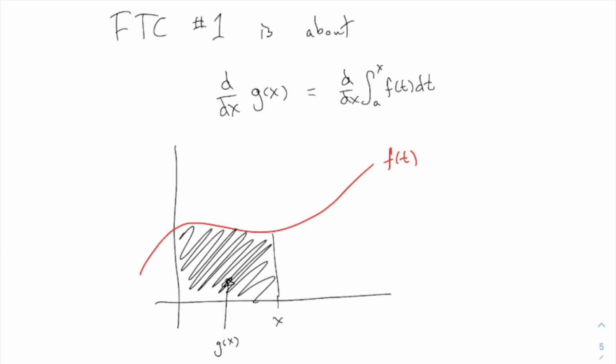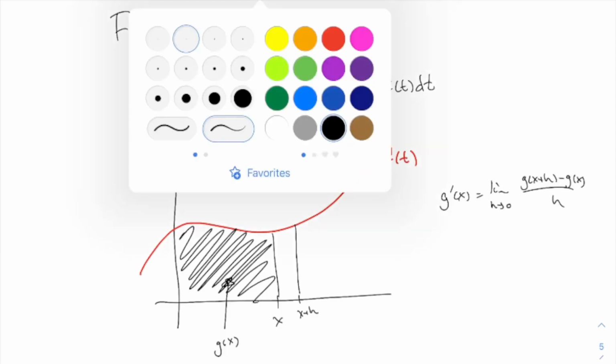It would mean if I were to change the x a little bit, how much would the area change? And you can say a little bit more specifically, g prime of x, remember the definition of the derivative? We're not really going to get into this in detail, but it's g of x plus h minus g of x over h. It has to do with if I were to increase x a little bit to x plus h, how much would that area change? It's this. I'm going to try and draw this in a different color here.